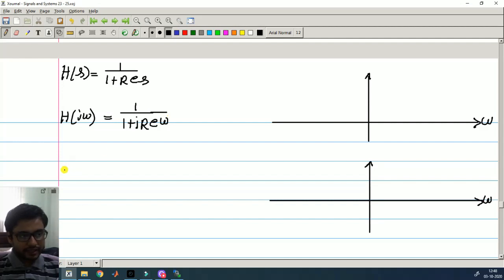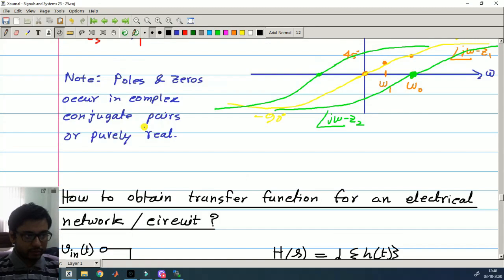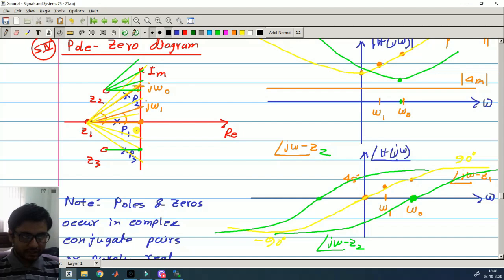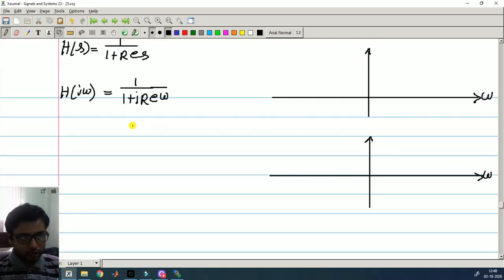Okay, and then you can use the concept of the pole zero diagram now, or you can do it even directly, because this is quite simple.